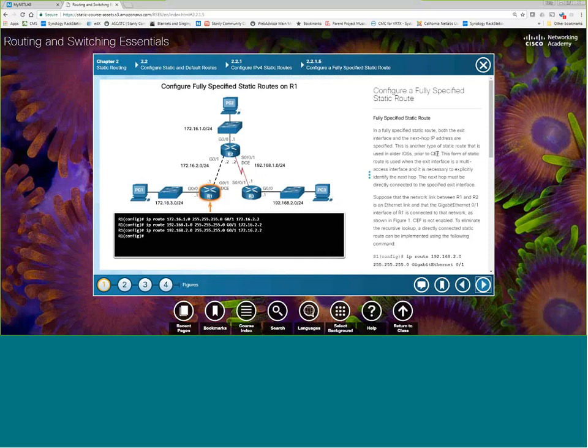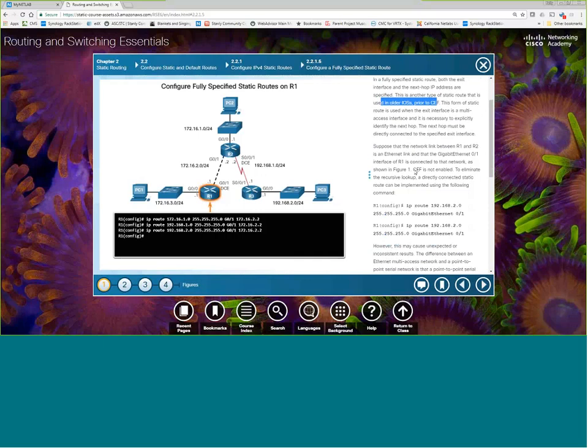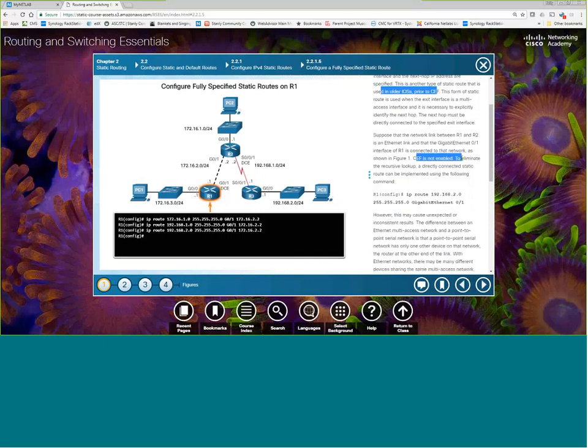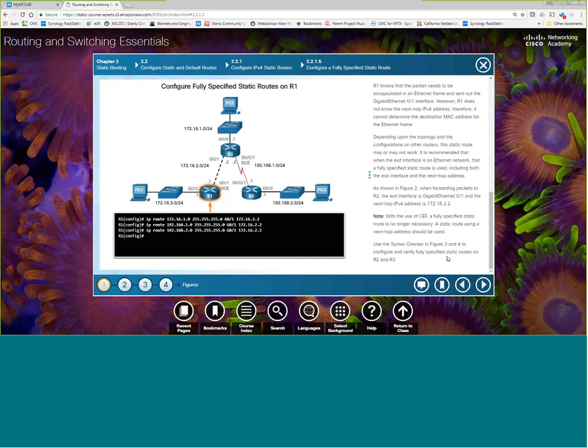Again, you're looking at this prior to CEF. With CEF, this is not that big a deal either. So when CEF's not enabled, this is how you eliminate recursive lookups. But again, it doesn't really matter because CEF's going to be enabled.